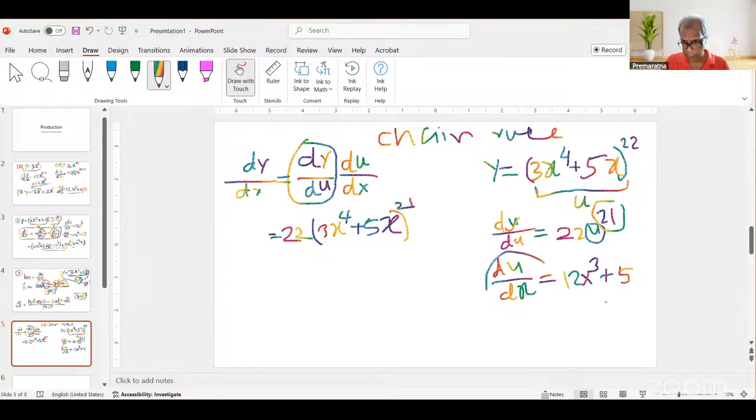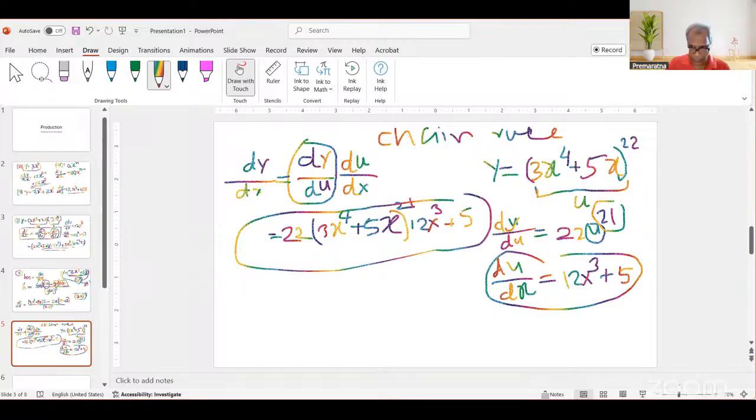Then coming to this part, we just write here 12x to the power 3 plus 5. So that is the chain rule applied.